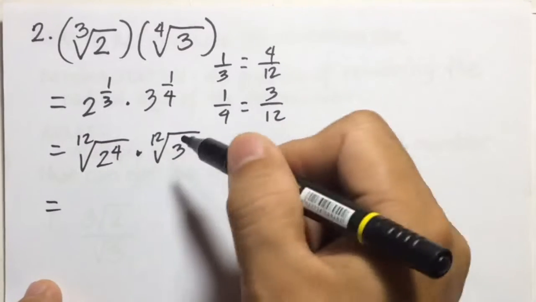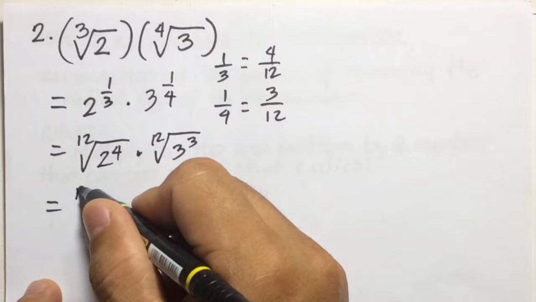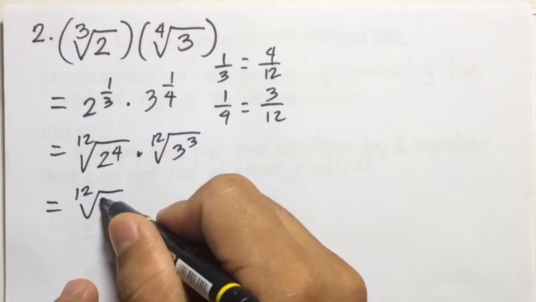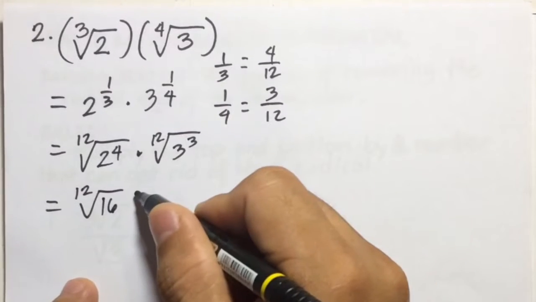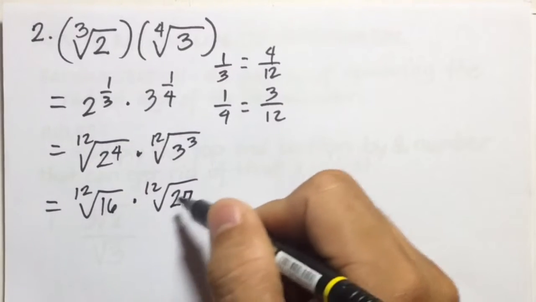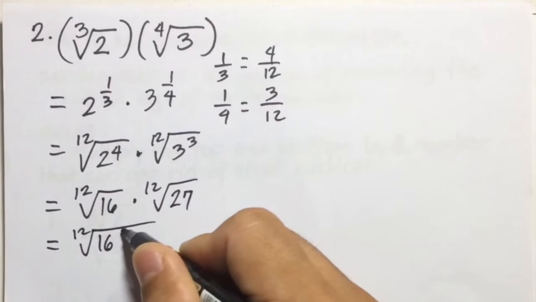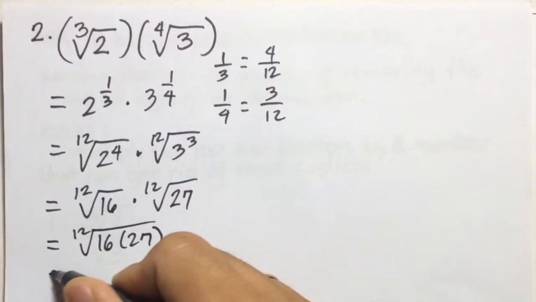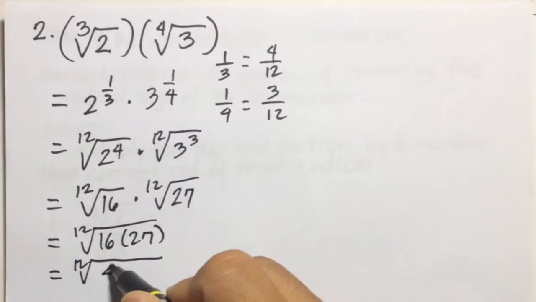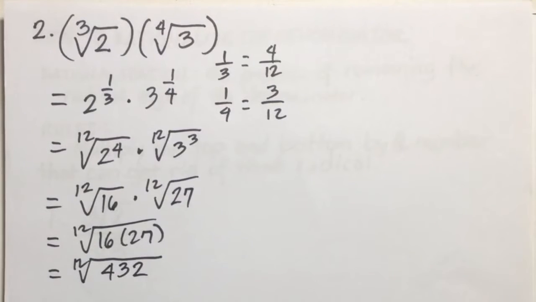And multiplying the two, it will be 12th root of 2 to the 4th is 16, times 12th root of 3 cubed, that will be 27. So we're going to have here 12th root of 16 times 27. Then 16 times 27, that will be 432. So your answer is 12th root of 432.